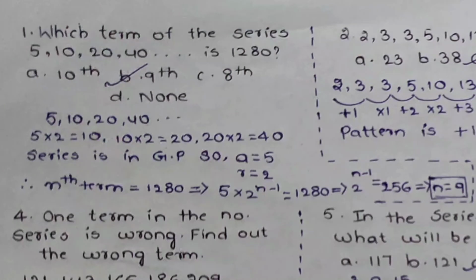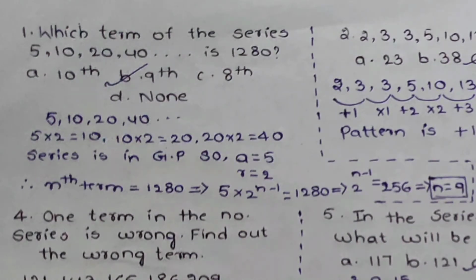So the very first question, let's see if this question is from AP or GP. So here the series is 5, 10, 20, 40 and so on, right? If you carefully see, if you multiply 5 with 2 you get the second term 10.